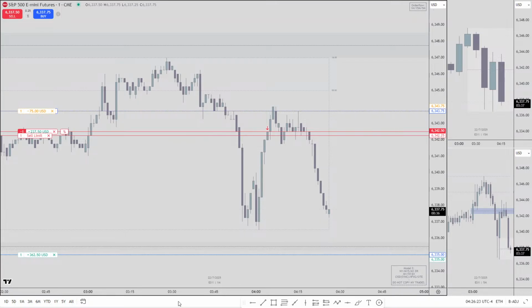At the same time, on the 15 minutes, it's pretty clear that this is an immediate rebalance condition. Therefore, you see the next 15 minutes candle displacing lower pretty aggressively.